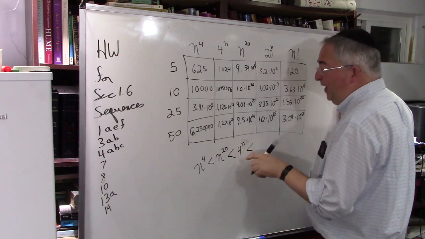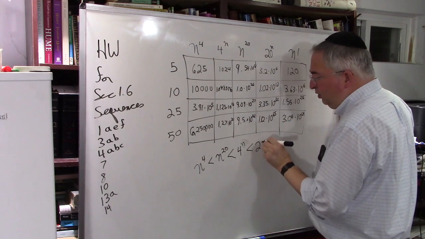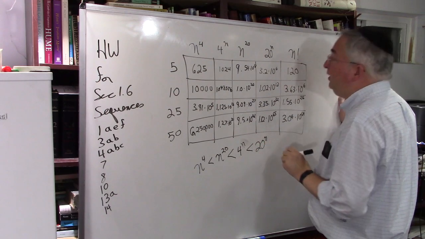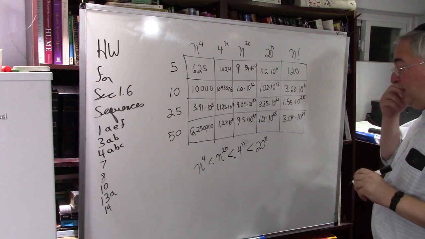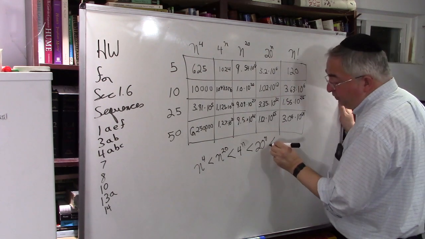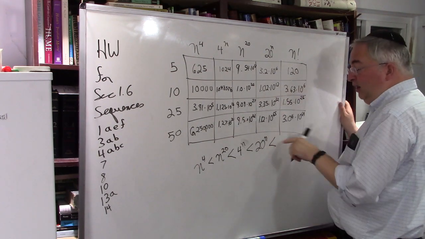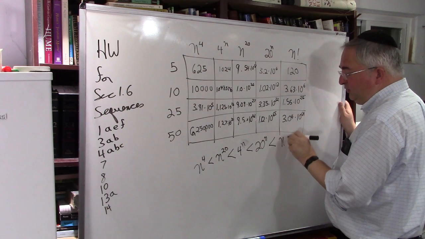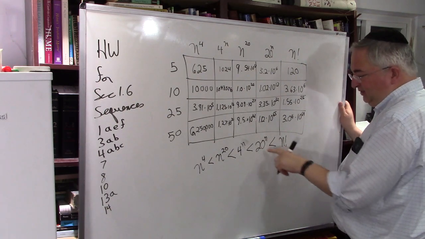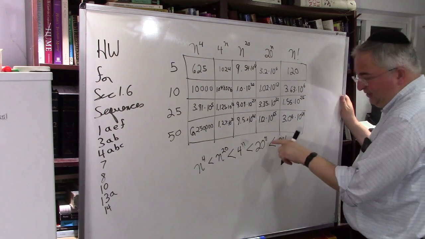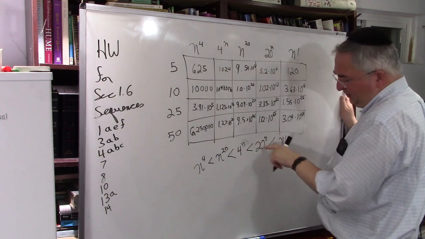Okay, and 20 to the n grows even higher. Okay, n factorial is even higher, worse than that, for large inputs. So this is n factorial. The way to see this is, what's the difference between this and this? Why is this function faster than this?